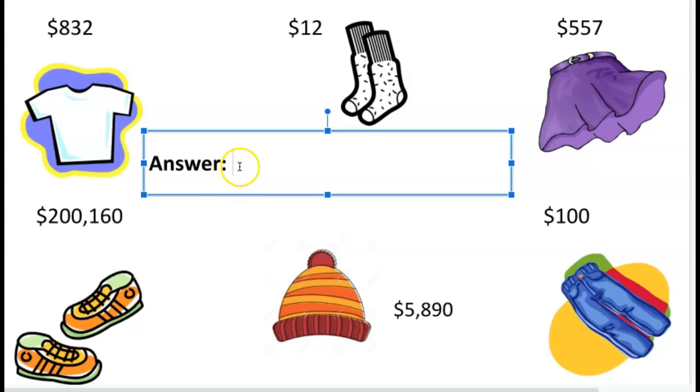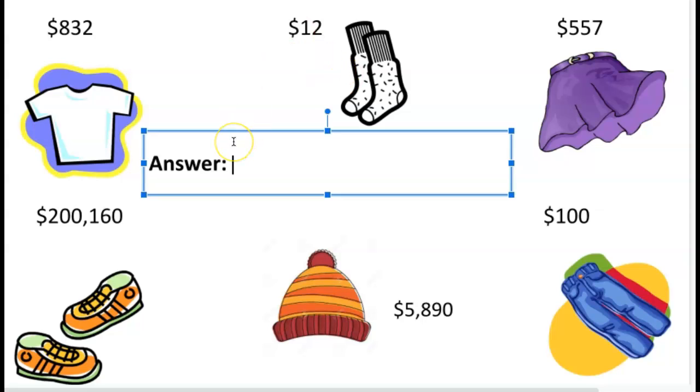All right, chiquitos, so you gave it a shot. So let's see if you figured out how to ask for a price and how to give a price. So number 1, we have our t-shirt, our camiseta. So you should have written as your question, ¿cuánto cuesta? And then your answer, oh my, that's awfully big. Let me make it smaller.